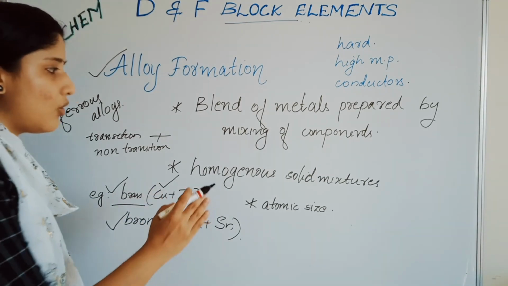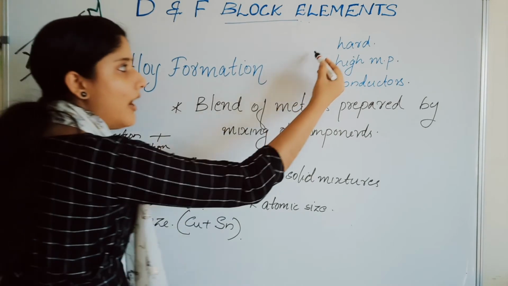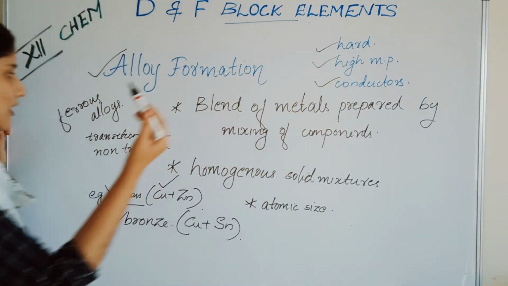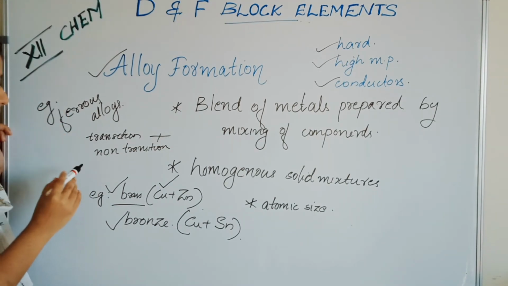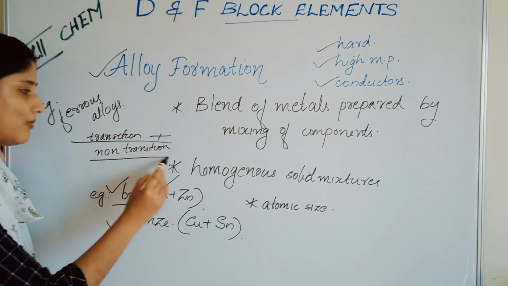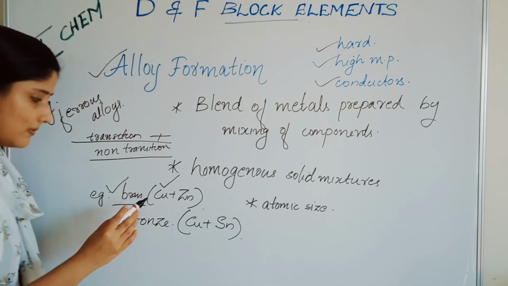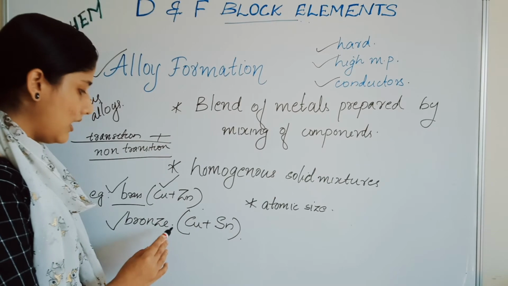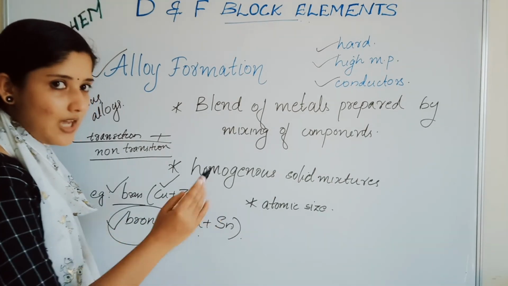They usually are very hard, have a high melting point, and are usually conductors. Examples are ferrous alloys, and also transition metals plus non-transition metals form alloys. Examples are bronze and brass. In brass, copper and zinc are used, and in bronze, copper and tin (Sn) are used.